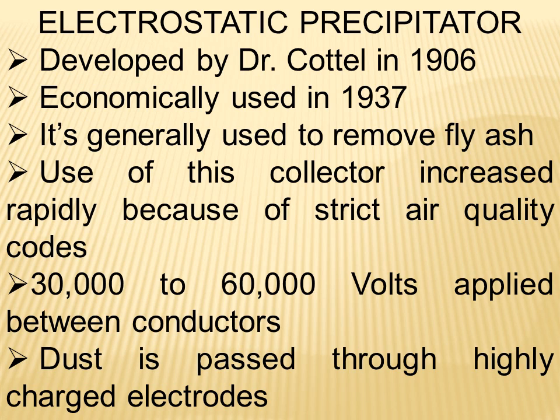Around 30,000 to 60,000 volts need to be applied between two conductors. Dust is passed through the highly charged electrodes. An electrostatic precipitator can be designed to operate at any desired efficiency for use as a primary collector or as a supplementary unit to the cyclone collector.